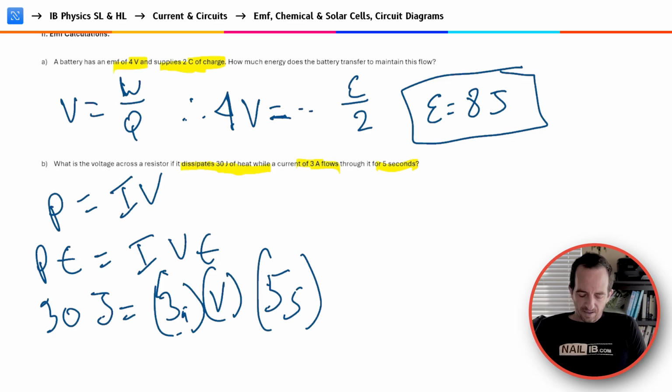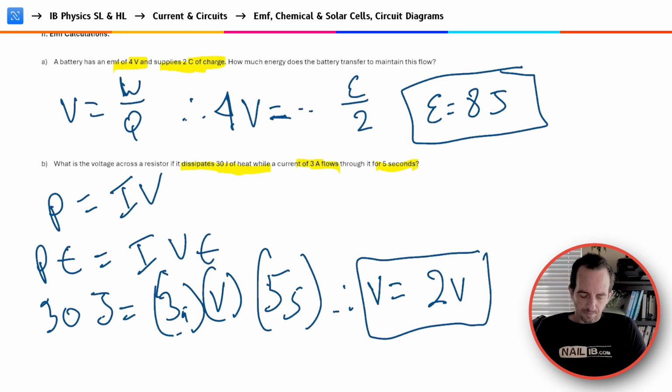If you do some basic algebra, 3 times 5 is 15. So the number of volts must be 30 divided by 15, or 2 volts. So the voltage must be 2 volts, given that it is dissipating 30 joules of heat in 5 seconds with a current of 3 amperes.